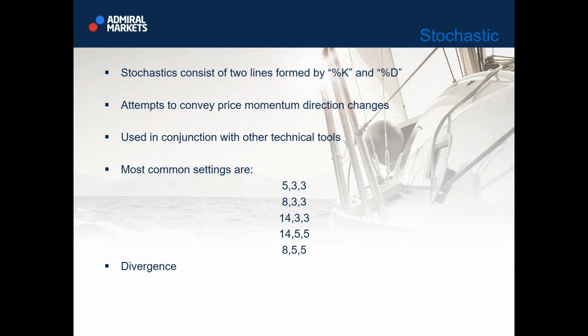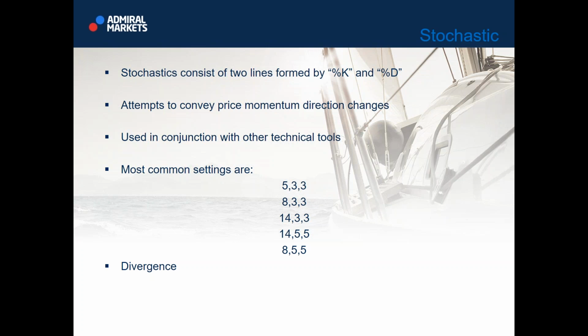Everything is subjective, so you cannot say that there is a definite answer which settings are the best. For example, in my previous stochastic practical naked trading, I use 5-3-3. With HARP, I use 14-3-3. With price action methods, we need to experiment because not all the time is stochastic used with the same efficiency.